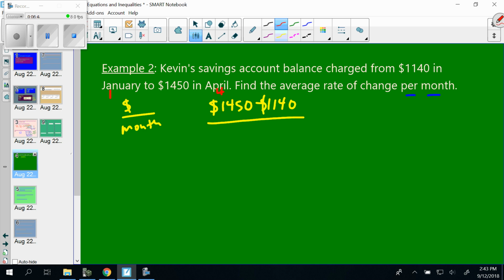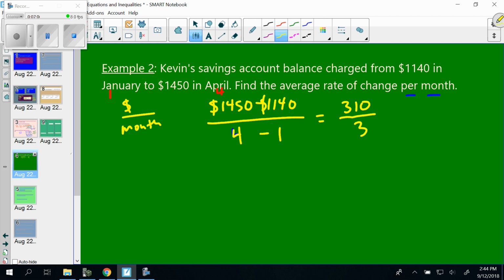So if we put those associated numbers with it, we have 4 minus 1 on the bottom, which is telling us it's over 3 months. If we subtract the top, we get $310.